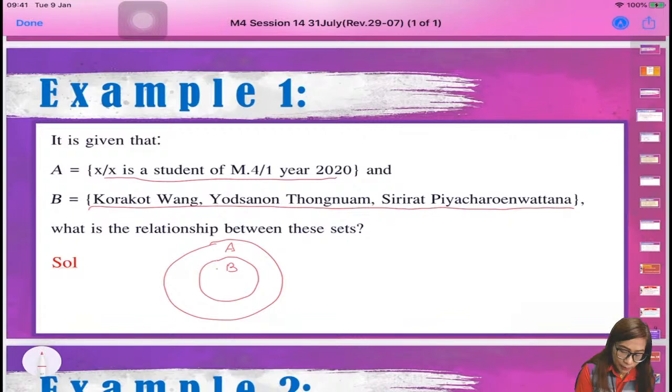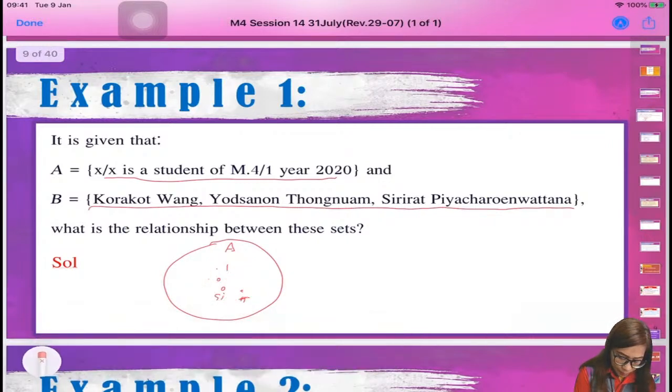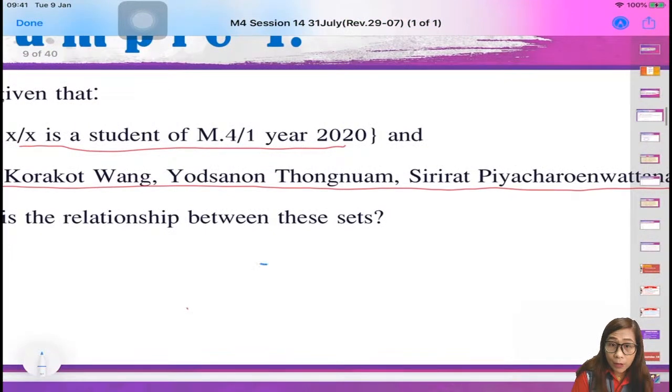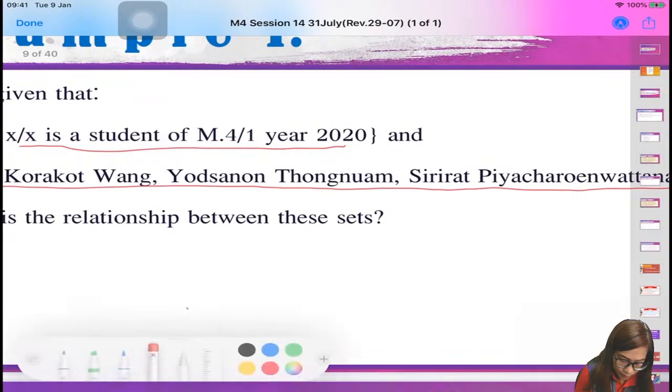So we have here Korakot, Wang, and then we have Yodsanon, and we have Sirirat. Okay, maybe I'll make it bigger so you can see it. Let me erase first.